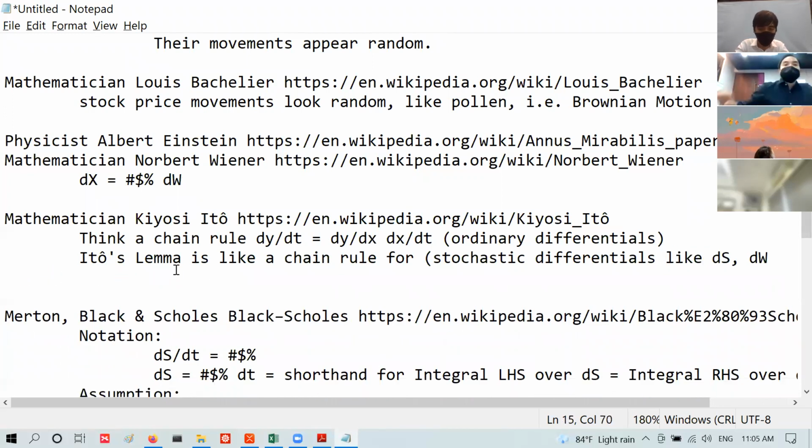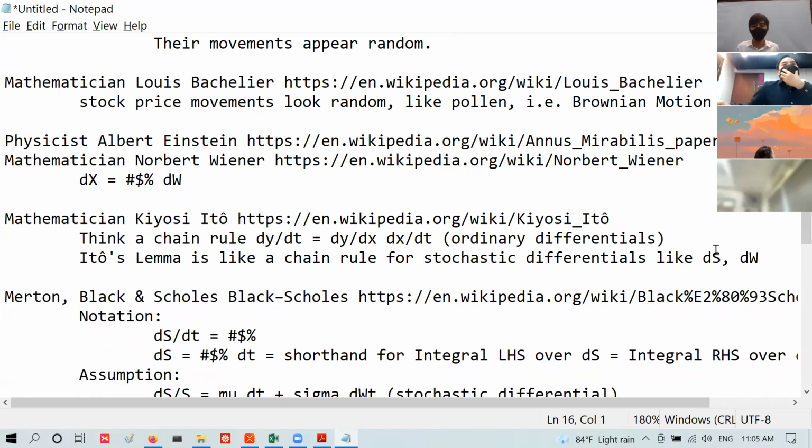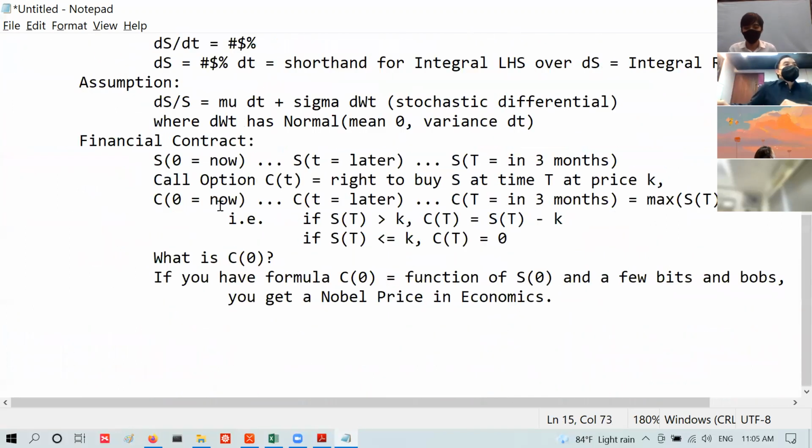Like DS and DW. Now we have all the ingredients. This is DS. In other words, to do this, you need DC, right?